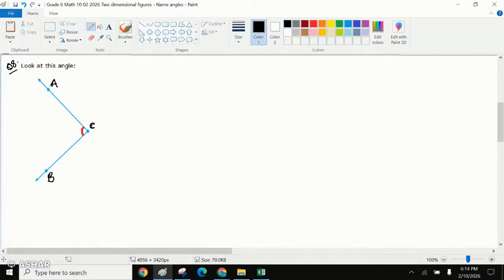That means C has to be in the middle, right? So we can say ACB, or we can say BCA. But our requirement is to keep the point C in the middle.